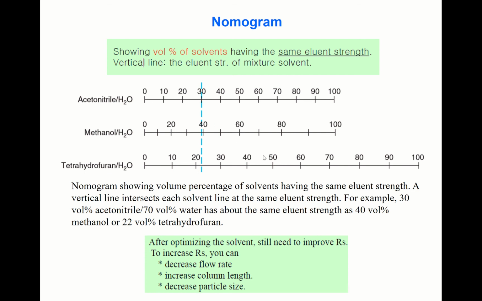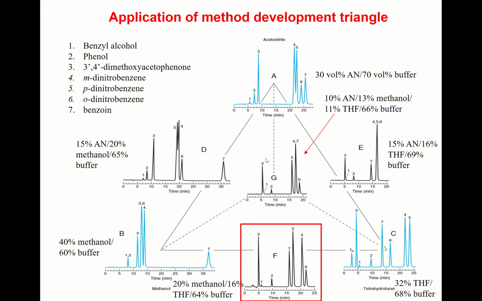So the first thing you have to do, in this case to obtain chromatogram B, is make the same eluent strength.